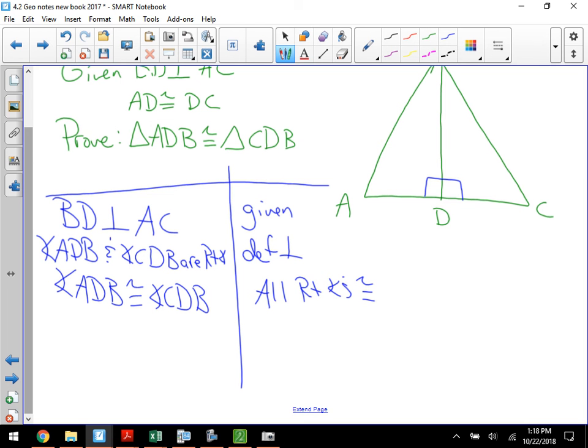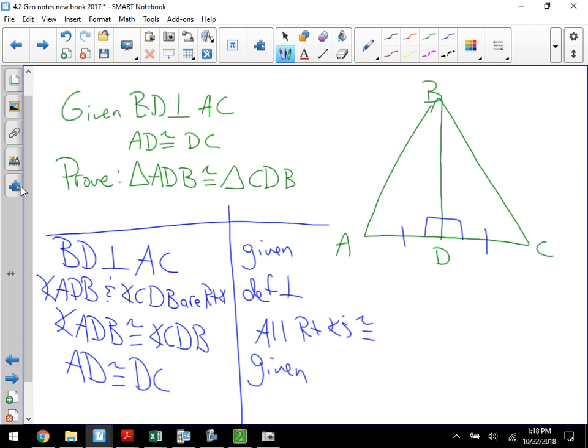Okay? Have I completely used up that progression? Yeah. So I go to my next given statement. The next given statement says AD is congruent to DC. And I mark my diagram. Now that I've marked my diagram, what do I have left?